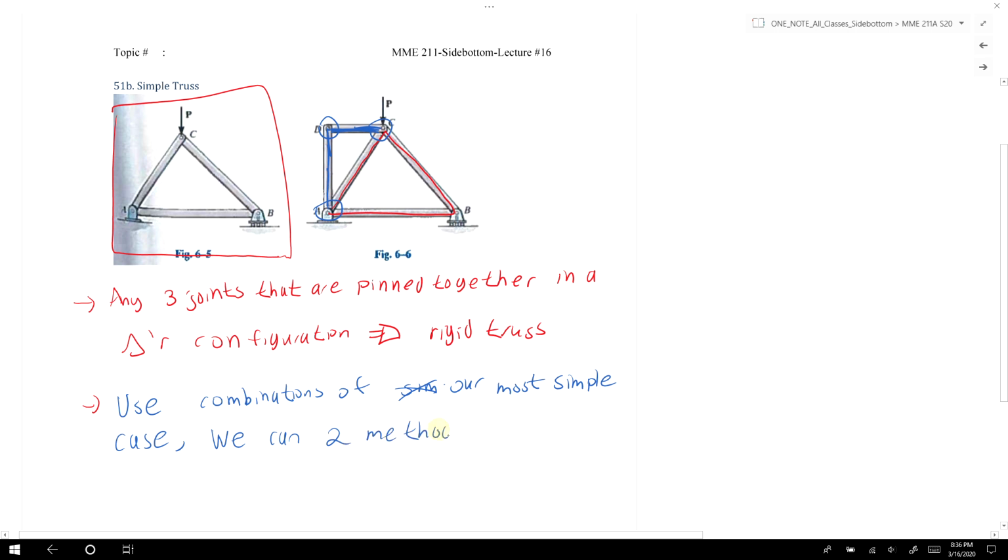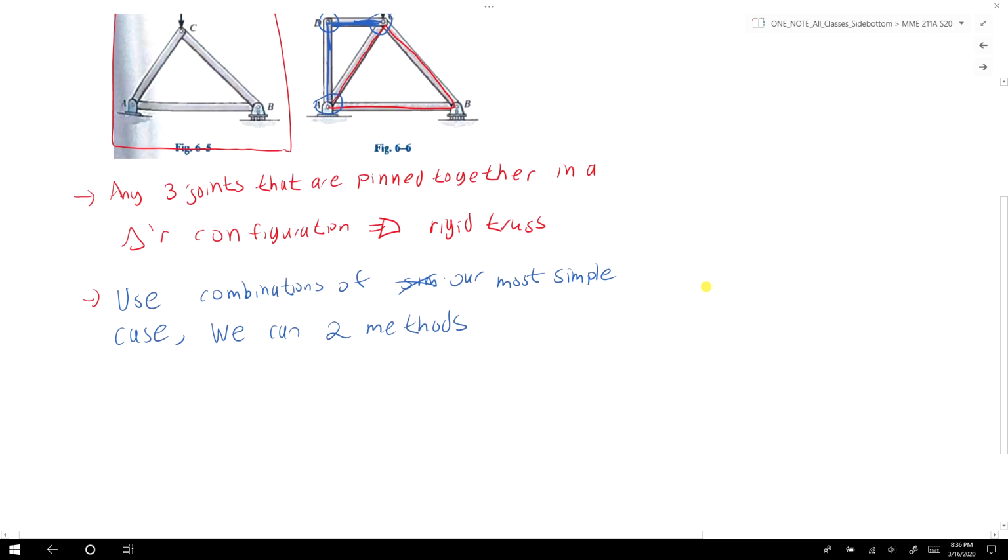The first method we'll talk about later during this lecture is the method of joints, and the second method, which we'll cover in the following lecture, is called the method of sections.